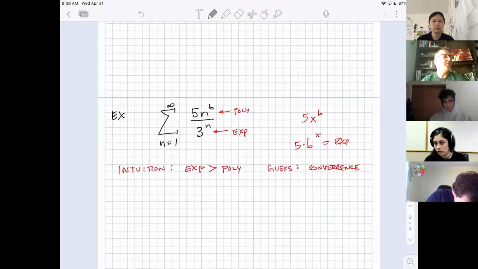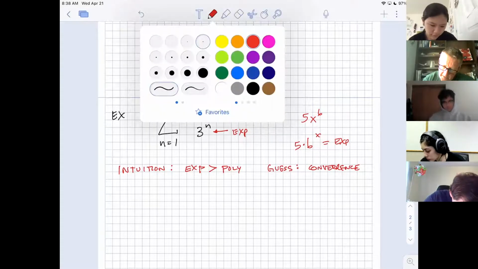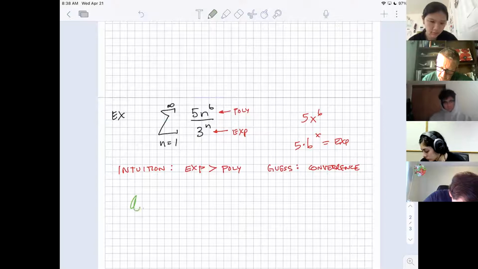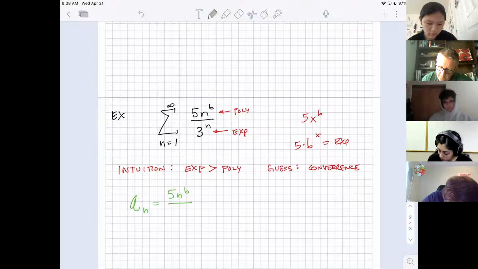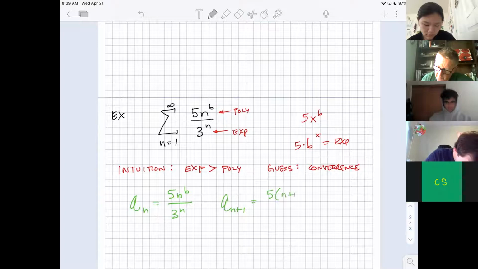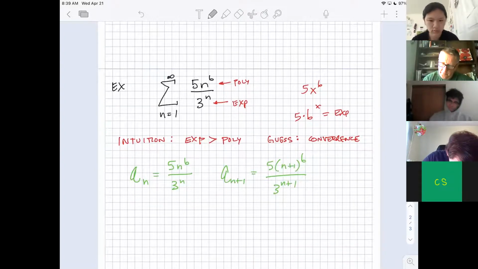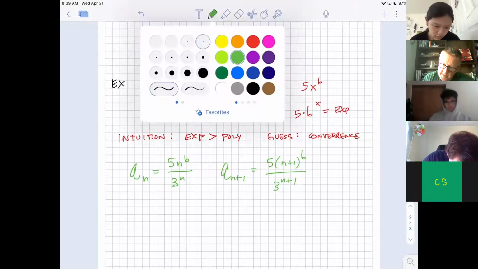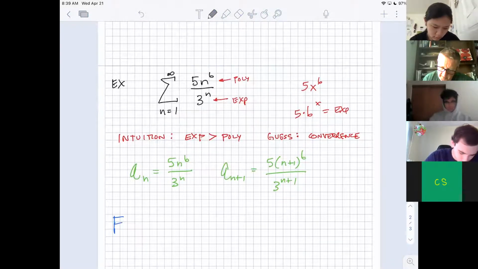Well, this is the ratio test. So again, let's slow down and look at it. Our a sub n equation is as given. Our next term is just, well, add 1 to our number: replace n with n plus 1. And now I divide those. So we are interested in this function of n. I think this is the way your assignment says it.